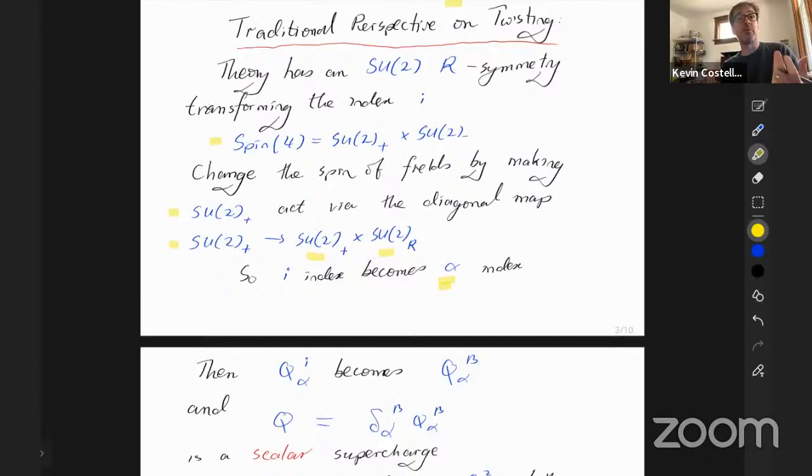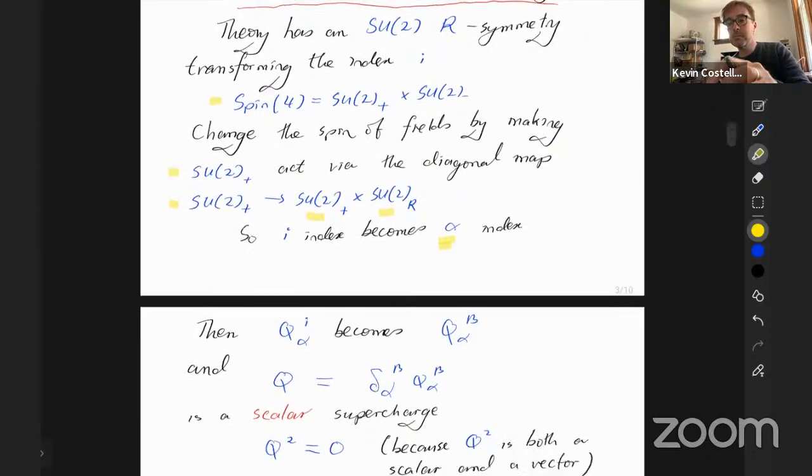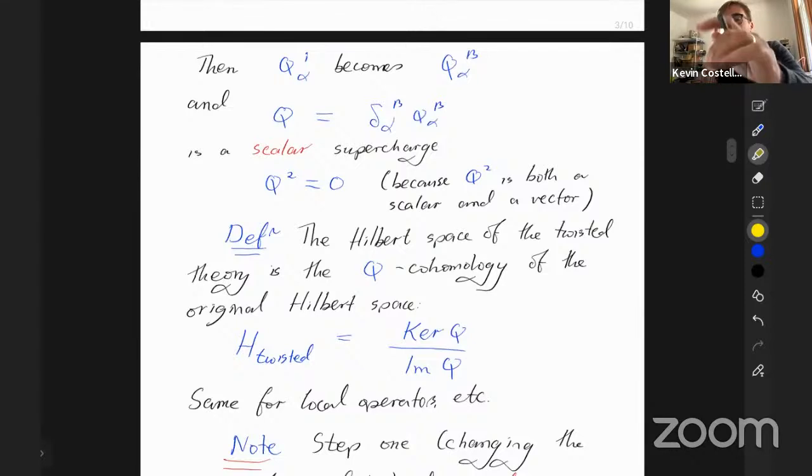So the supercharges become Q alpha beta, where now alpha and beta are both spinor indices, and Q bar alpha dot I becomes Q bar alpha dot alpha. We'll use that in a minute, but you notice that Q bar now transforms as a vector because it has two spinor indices of opposite helicities.